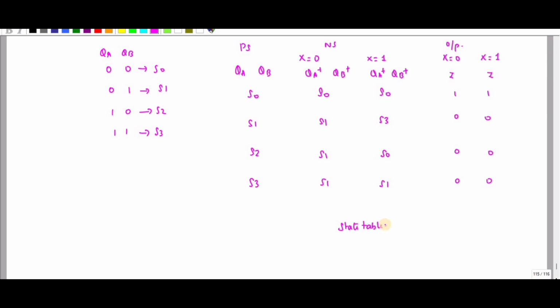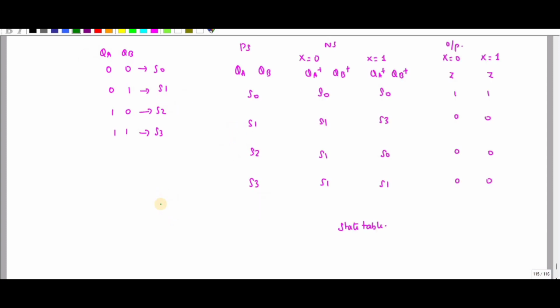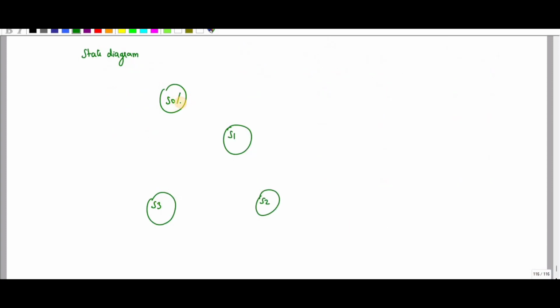So next I am going to draw the state diagram. There are four states: S0, S1, S2 and S3. Their outputs are: for S0 the output is 1, for the rest it is 0.